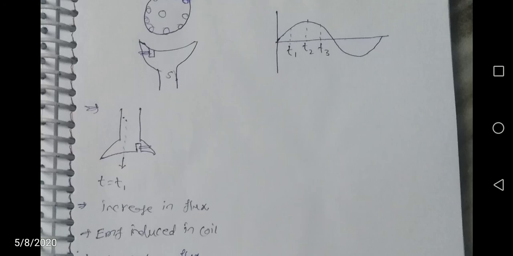So the flux in the shaded pole machine flows from the unshaded region to the shaded region.